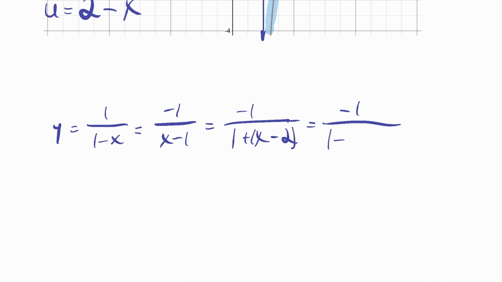So this is 1 minus (2 minus x). So we did all the same work as the geometric interpretation, but it wasn't clear that we would need this from the get-go. But now you can see, oh, this is one thing I can try. Negate the top, negate the bottom, and then work on the bottom. And that will be a way to deal with getting centers that are across an asymptote.